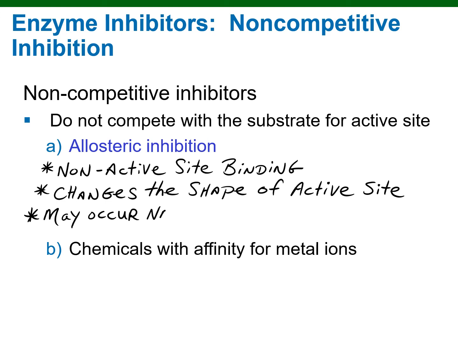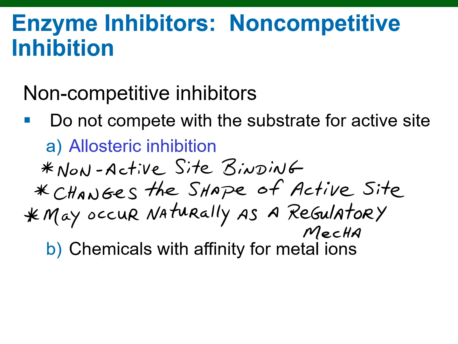And the way that this works typically is that an end product that's made by an enzymatic pathway will build up, and when that end product builds up to a sufficient level, it can act as a regulatory mechanism where it binds to the allosteric site on the enzyme and temporarily shuts its activity down. And then when that end product's concentration falls, then the enzyme may then go back to its active state.